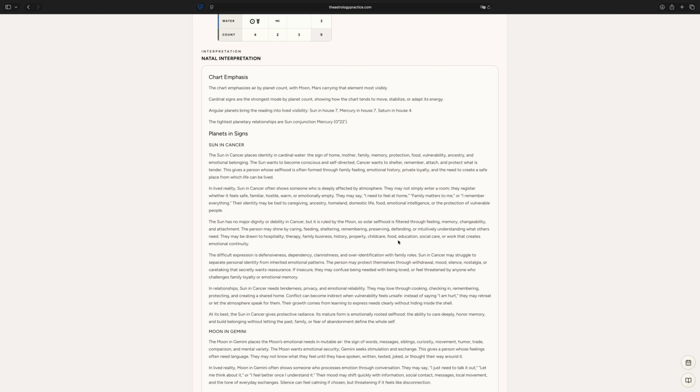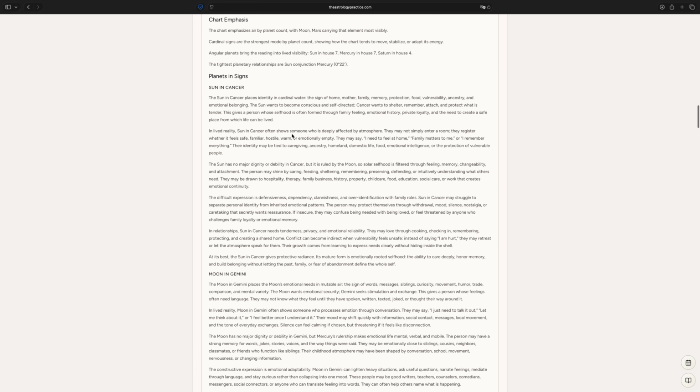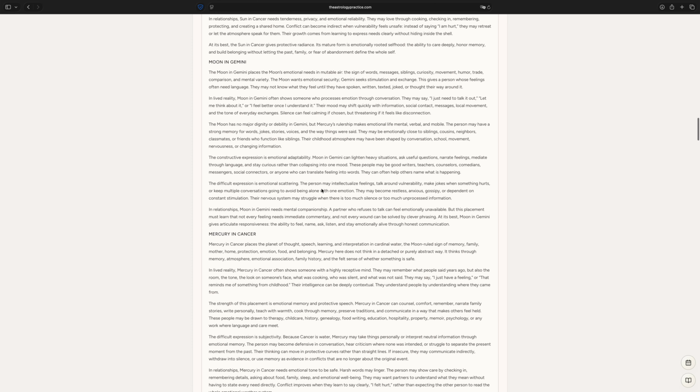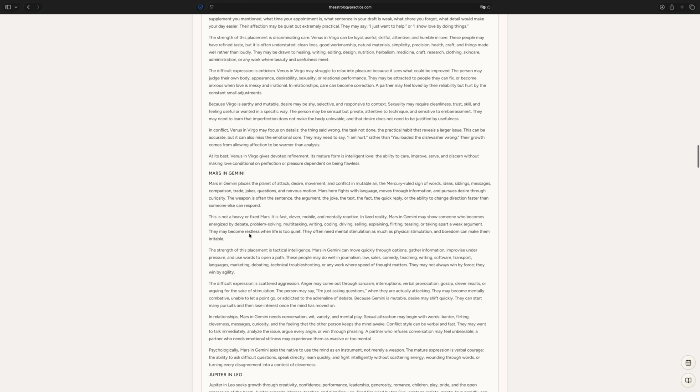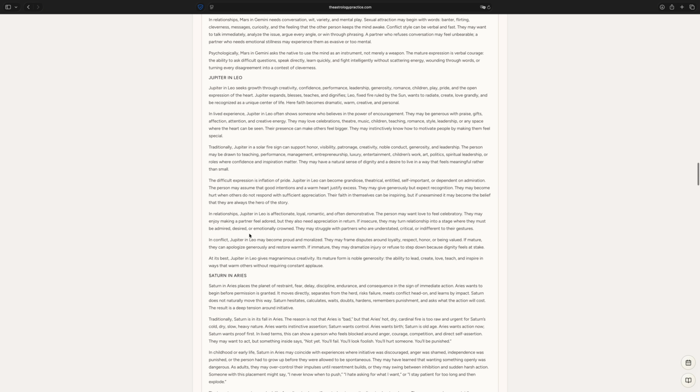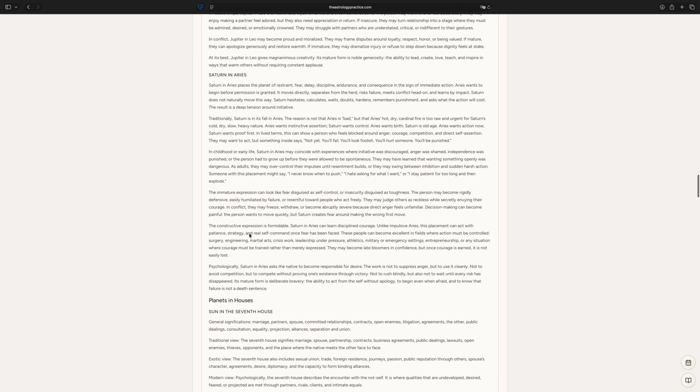And for the natal interpretation, this is quite a long and generous section where you're going to have all your planets and signs interpreted. There's a very short paragraph that gives you a summary. Then it looks at the Sun in Cancer, the Moon in Gemini, Mercury in Cancer, Venus in Virgo, Mars in Gemini, Jupiter in Leo, Saturn in Aries, and here is where we stop.